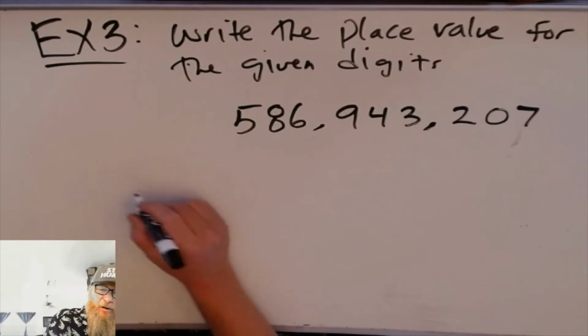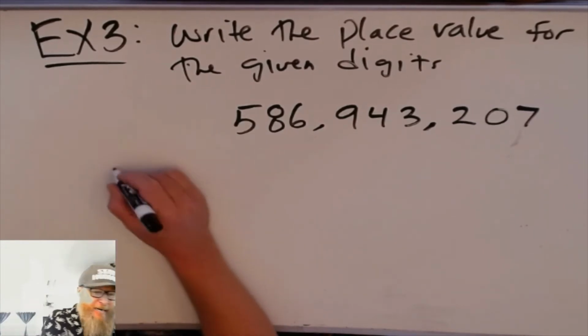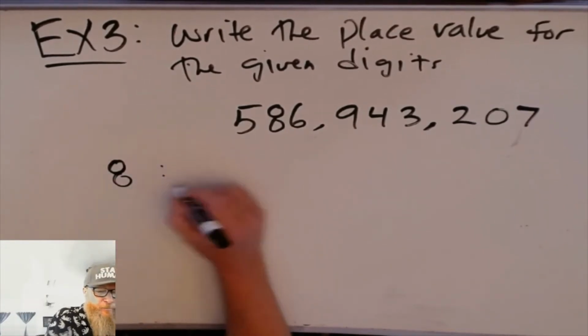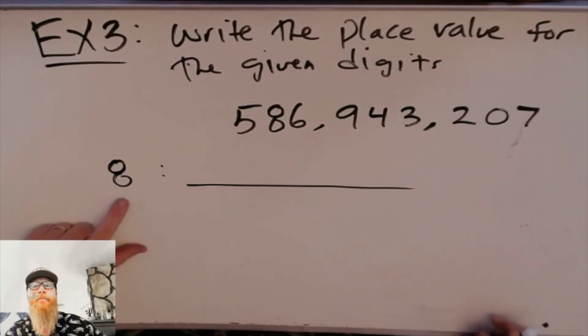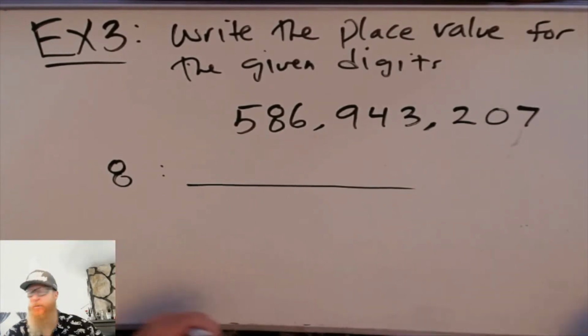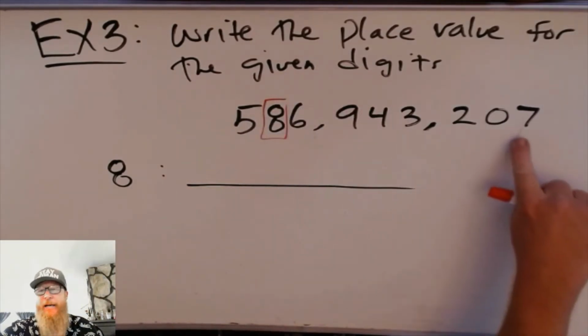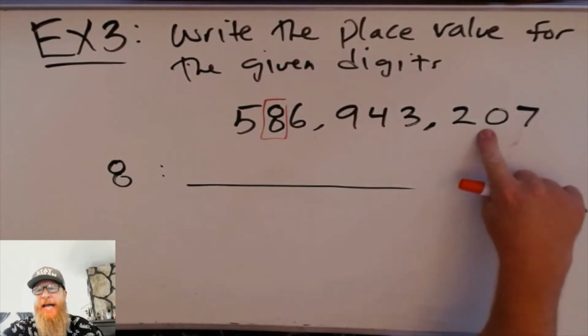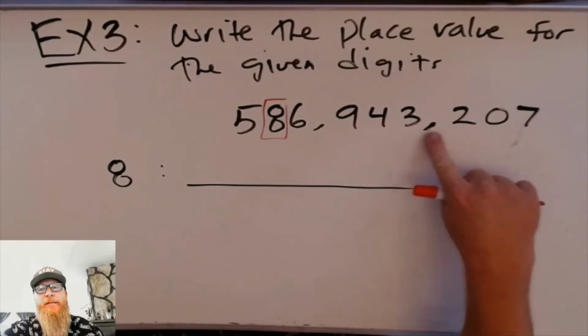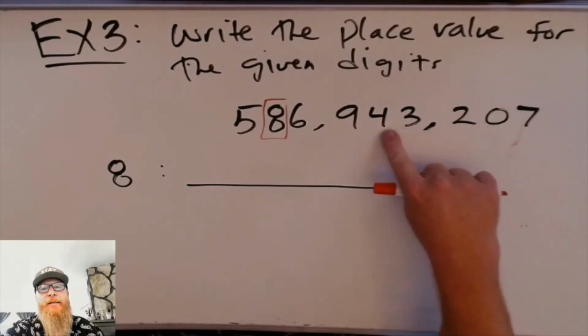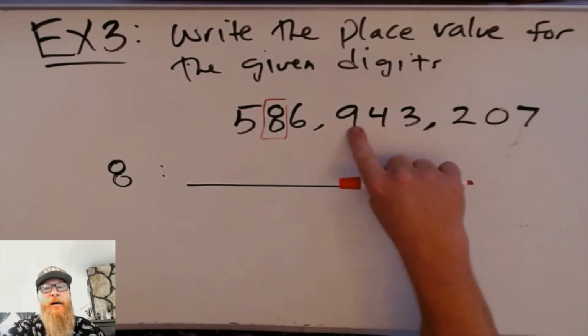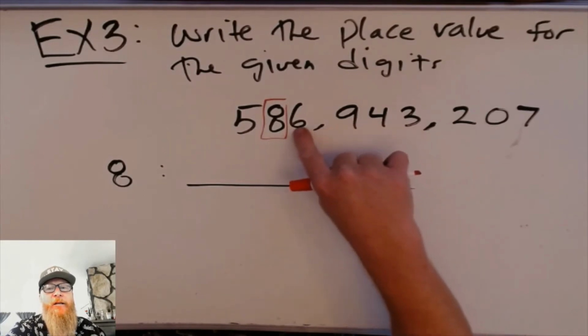So how about the digit 8? What place is that in? Again, we have ones, tens, hundreds, 1,000, 10,000, 100,000, million.